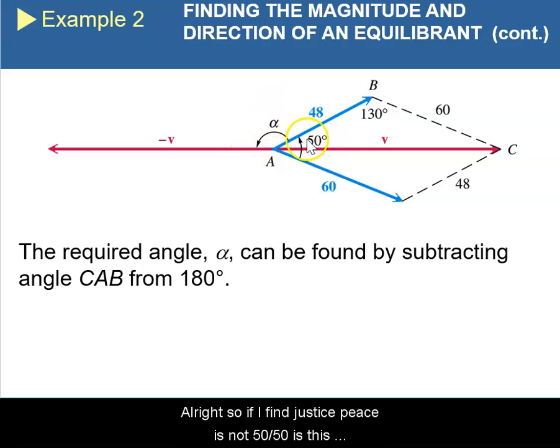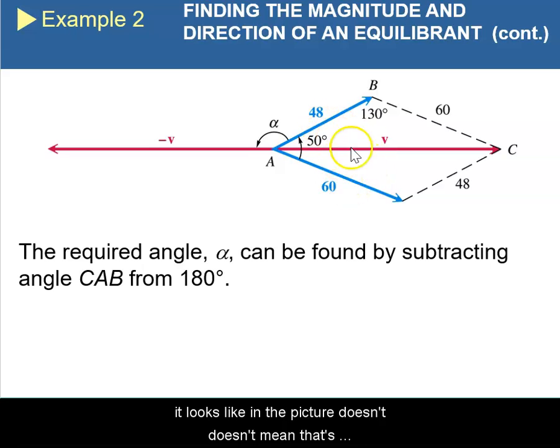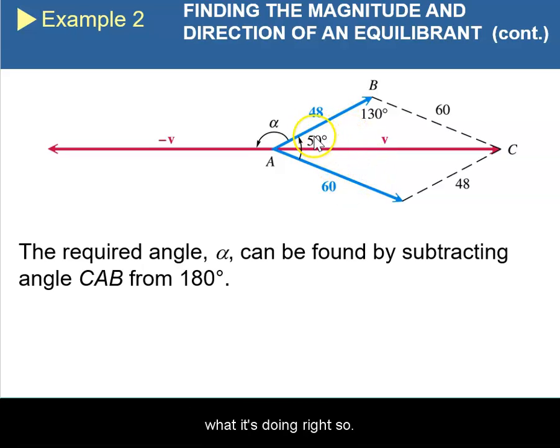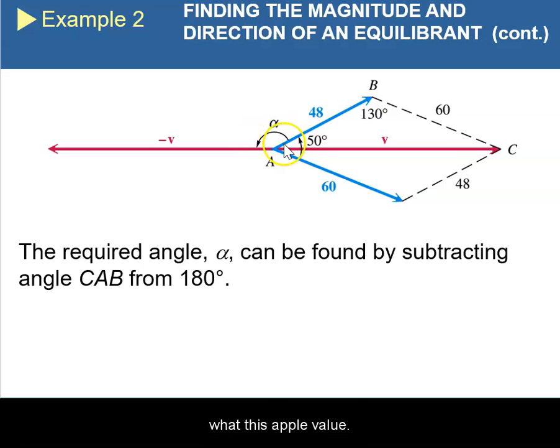If I find just this piece, it's not 50. 50 is this whole part right here. I need to find just this part, and you can't say this should just cut in half. Just because that's what it looks like in the picture doesn't mean that's what it's doing. So I have to actually find this length here, and then subtract it from 180 so that I can figure out what this alpha value is going to be.